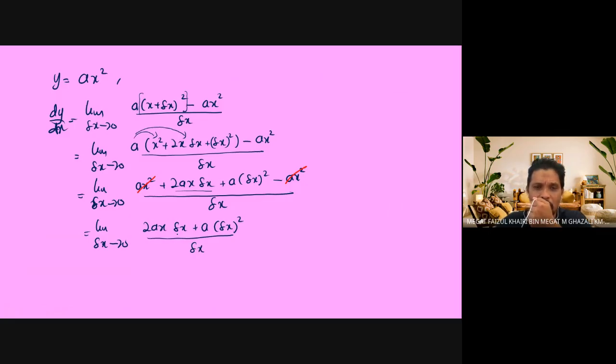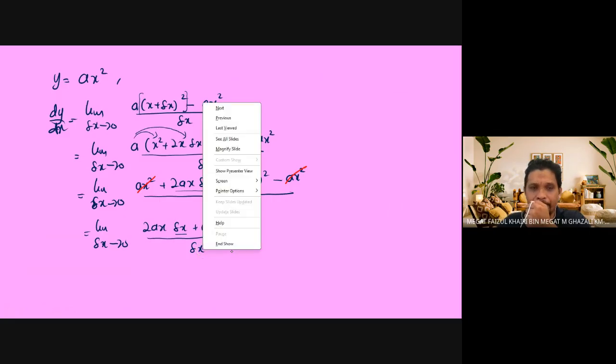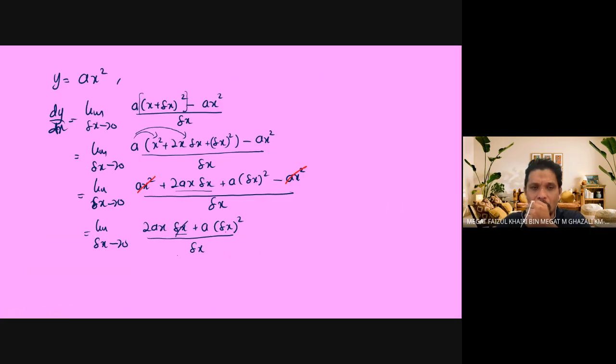So we take out one delta x, and limit of delta x approaching to 0, 2ax plus a delta x.